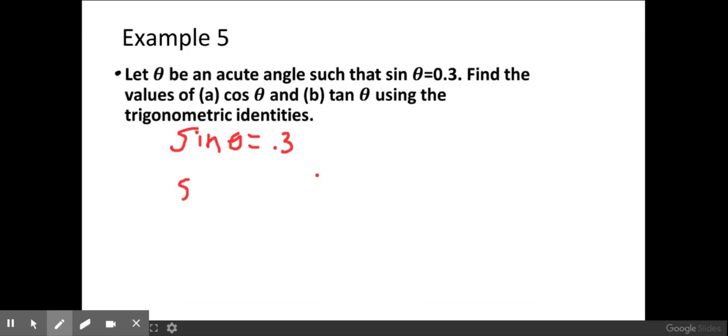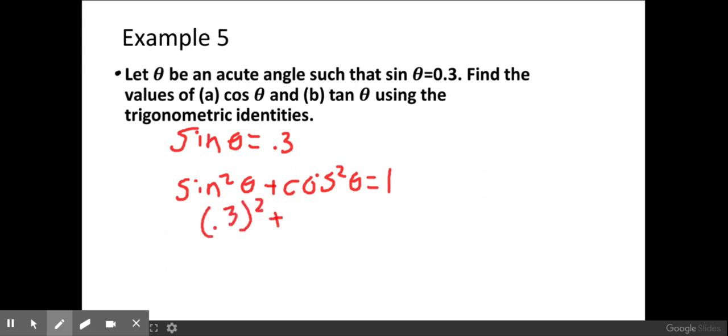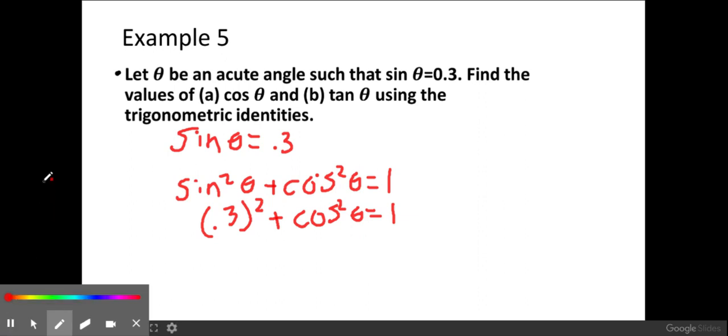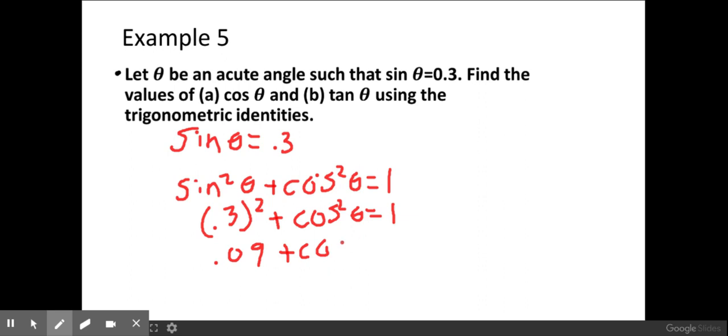So we are going to use that identity, sine squared theta plus cosine squared theta equals 1. Because we know sine theta, and we just have to square it. So 0.3 squared plus cosine squared. So 0.3 squared, if we squared that, so here we get 0.09 plus cosine squared theta equals 1.